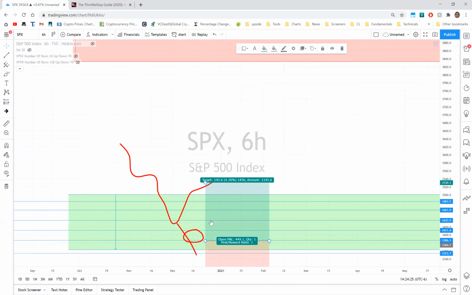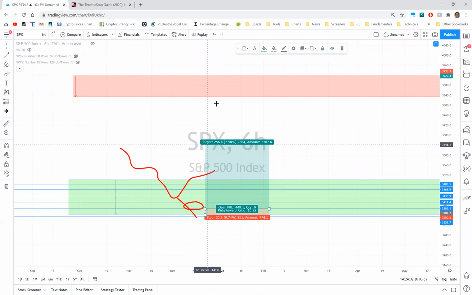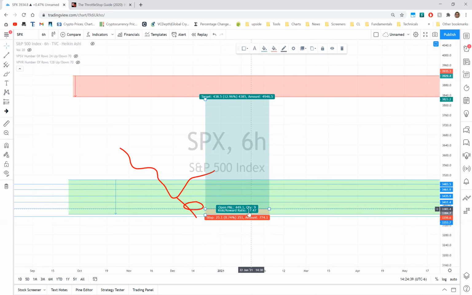So in the instance of putting your stop loss in between your last order and the bottom of the buy zone and the target being way up here, this has a risk reward ratio of over 17, which means that you could actually be wrong 15 out of 17 times and still make money overall. So that's why it's okay to take a small loss, because overall, even if you're wrong the majority of the time, you will still grow your account long term.